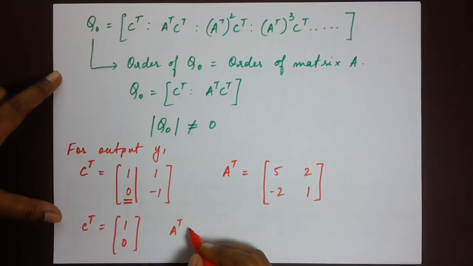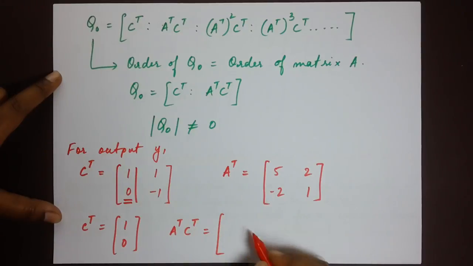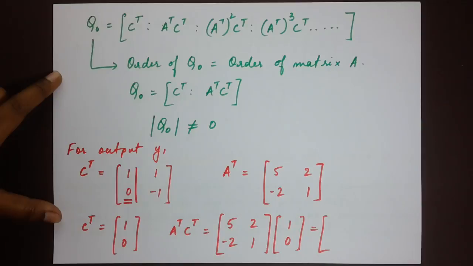Next we calculate A transpose C transpose. Let's multiply 5, 2, minus 2, 1 into 1, 0. This should give us 5 and minus 2. So we have our two matrices here, C transpose and A transpose C transpose.